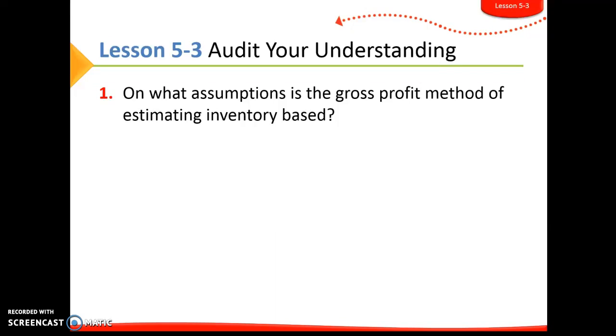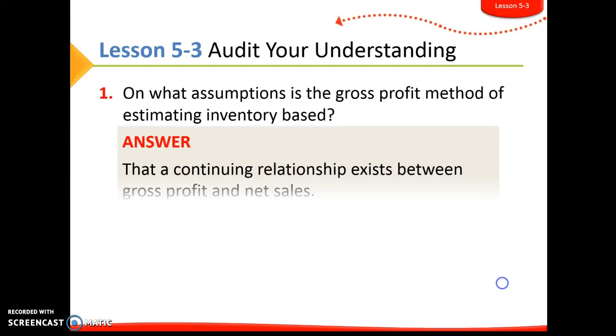Number 1, on what assumptions is the gross profit method of estimating inventory based? That a continuing relationship exists between gross profit and net sales.